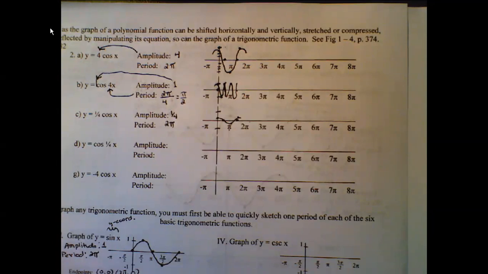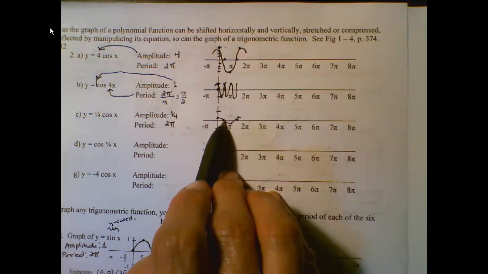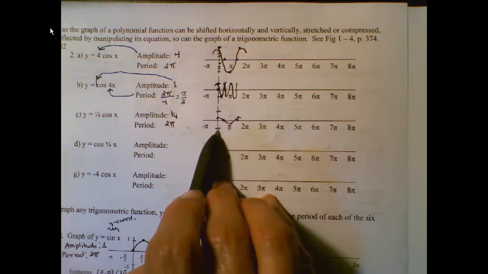Is that okay? Yeah. Miss Kelsey? So on the line of 0, is it 1/4? You mean the x-intercepts? No, like the y. Like those dash lines, what is that value that you put on the dash lines?